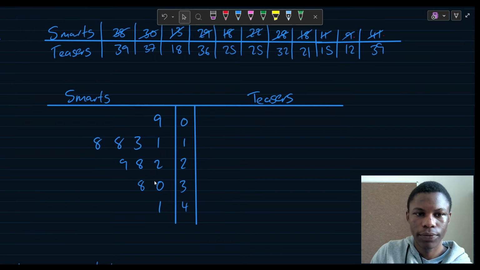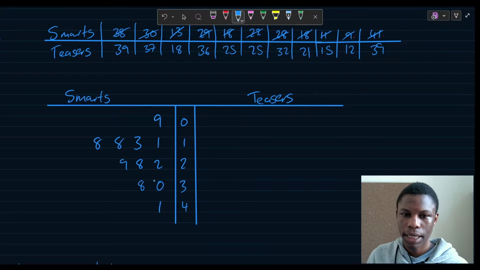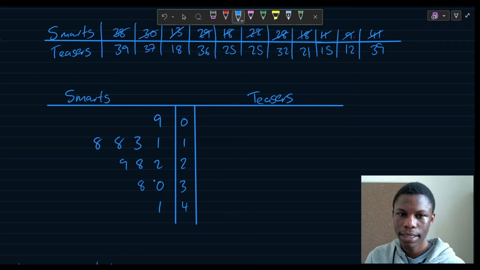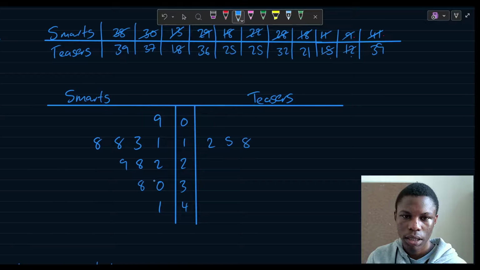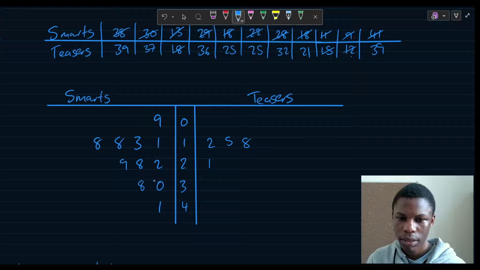And let's do the same for our Teasers. I don't have anything in the units. In the tens, I've got a 12, a 15, and an 18. In the 20s, I've got 21, 25, 25.